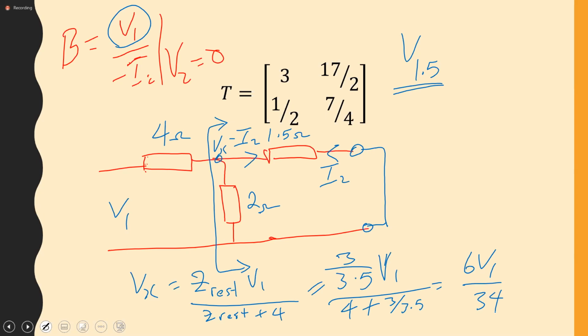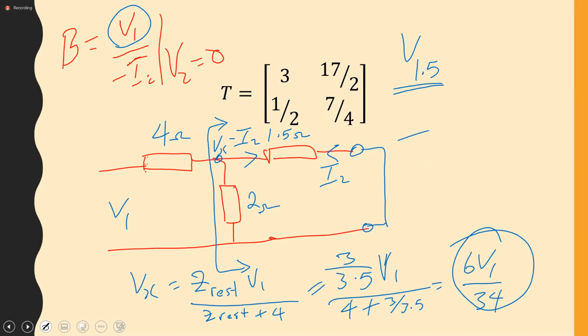So now you have the voltage across the 1.5. Remember what the objective was? You want the current through the 1.5, but you need the voltage. This is the voltage, but it is in terms of V1.